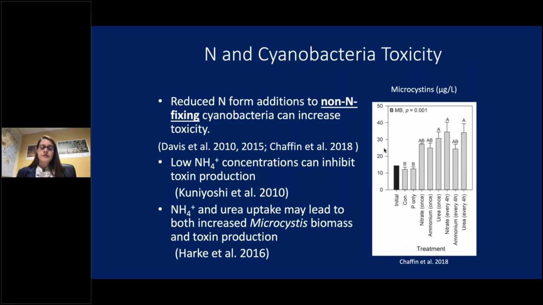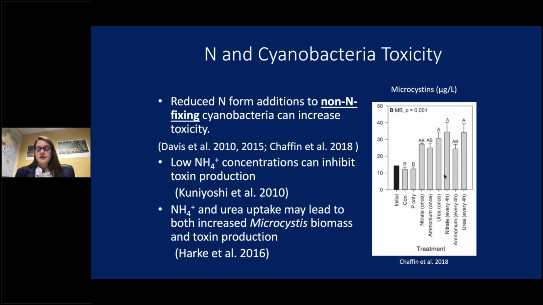And we know that these chemically reduced forms, as in ammonium and urea, have hydrogens on them instead of oxygens. When you add those, it can really help non-nitrogen fixing cyanobacteria both grow, because they're super competitive for it, but can also increase their toxicity.